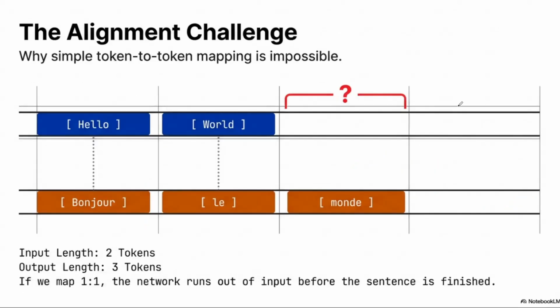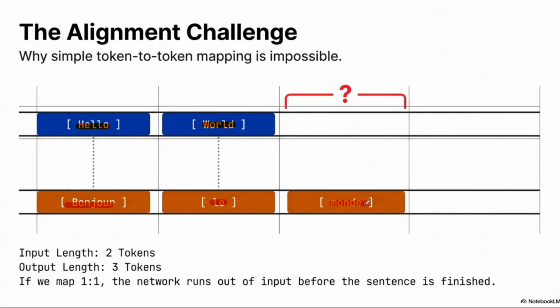Let's look at an example that we're going to use for this presentation to better understand. We want to translate the English phrase hello world into the French bonjour le monde. Here's the core challenge. The input has 2 tokens, but the output has 3 tokens, bonjour le monde.